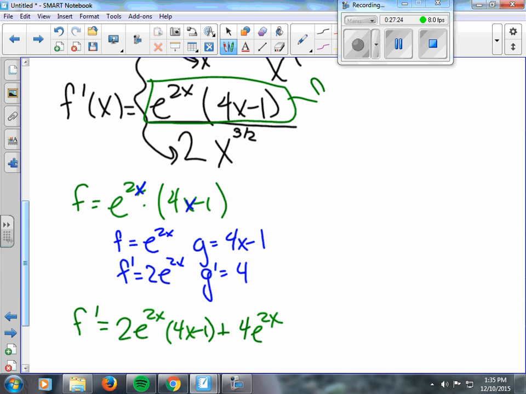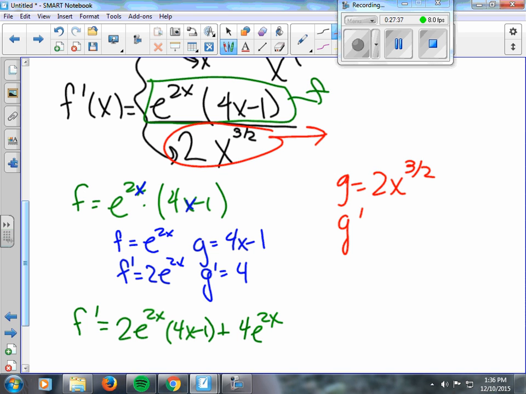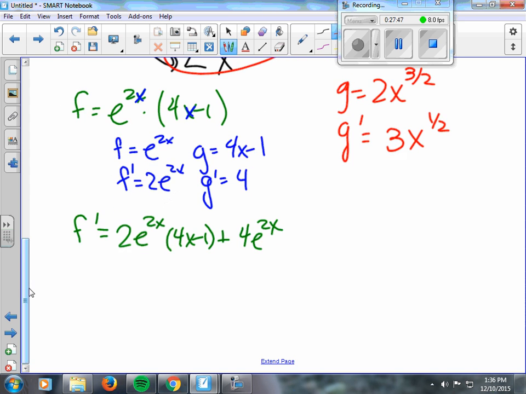I called him f. Now the denominator, g, what color should I use? Red. G is 2x to the 3/2. This is my g. And so what is g prime? 3x to the 1/2. And so now I'm going to use my quotient rule.